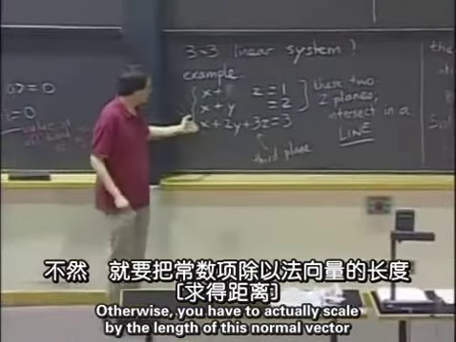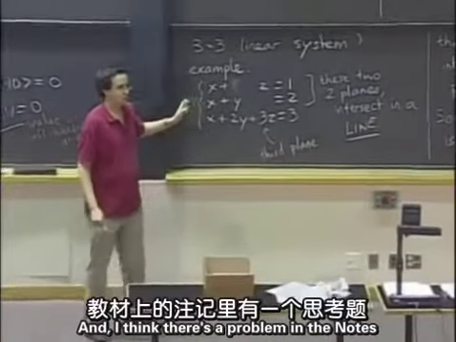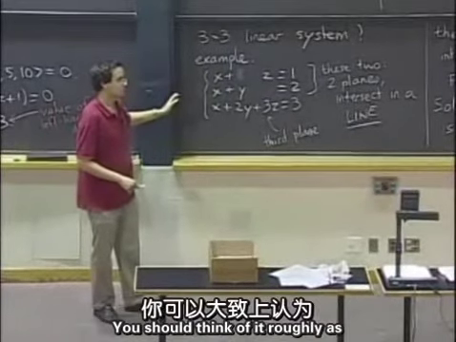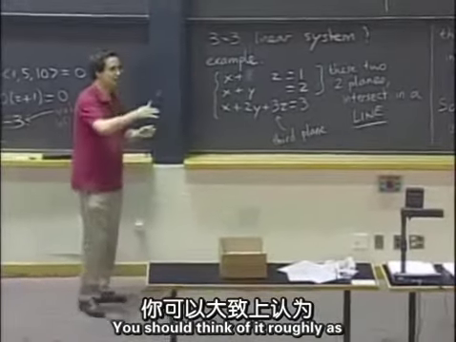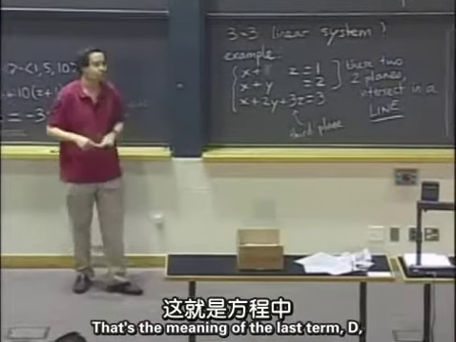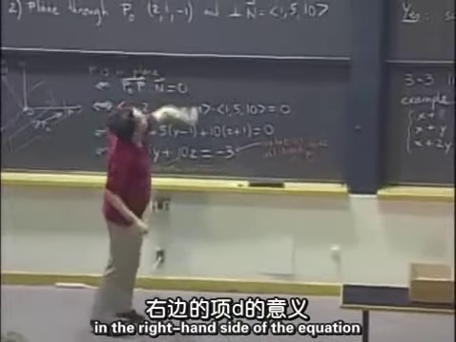Otherwise, you have to actually scale by the length of this normal vector. And I think there's a problem in the notes that will show you exactly how this works. But you should think of it roughly as how much we have moved the plane away from the origin. That's the meaning of this last term, d, on the right-hand side of the equation.